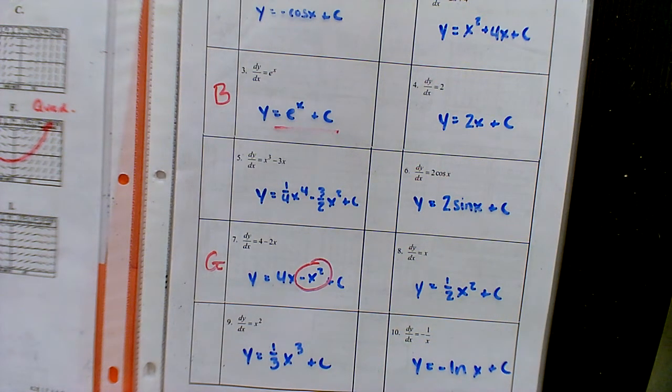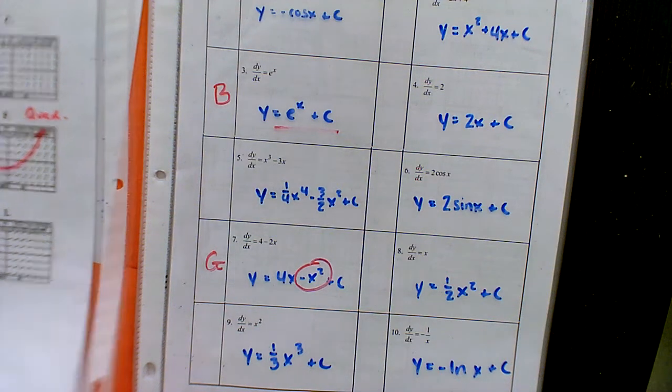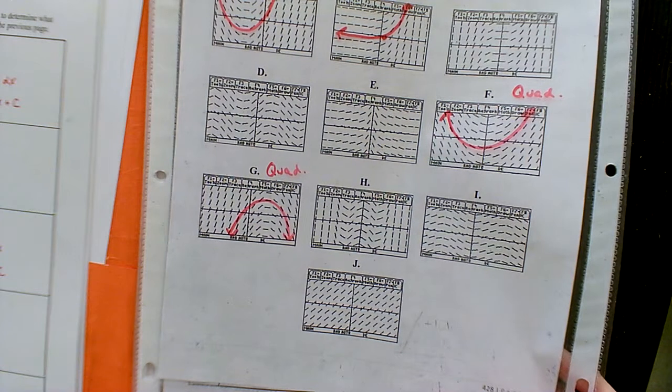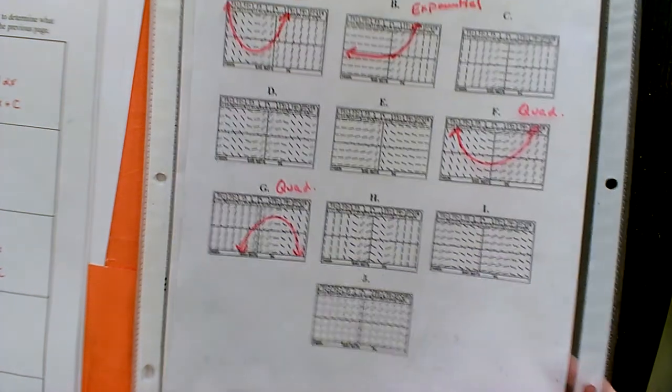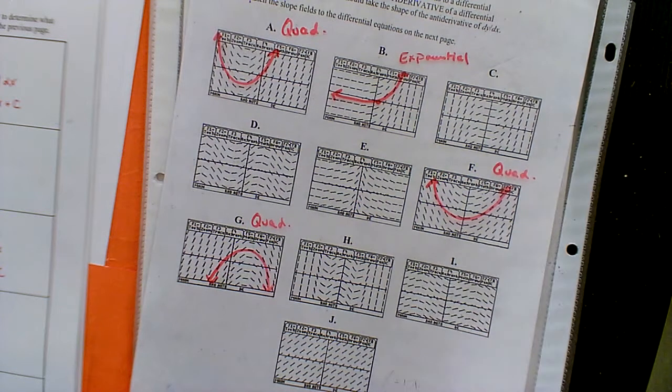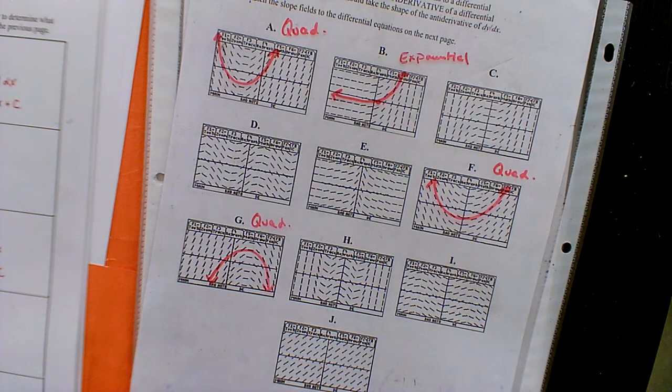There you go. Notice how that quadratic term, the x squared term, is negative, so that would be an upside down parabola. That matches our graph from G. And A and F are right-side-up parabolas, so they should be positive squared terms.